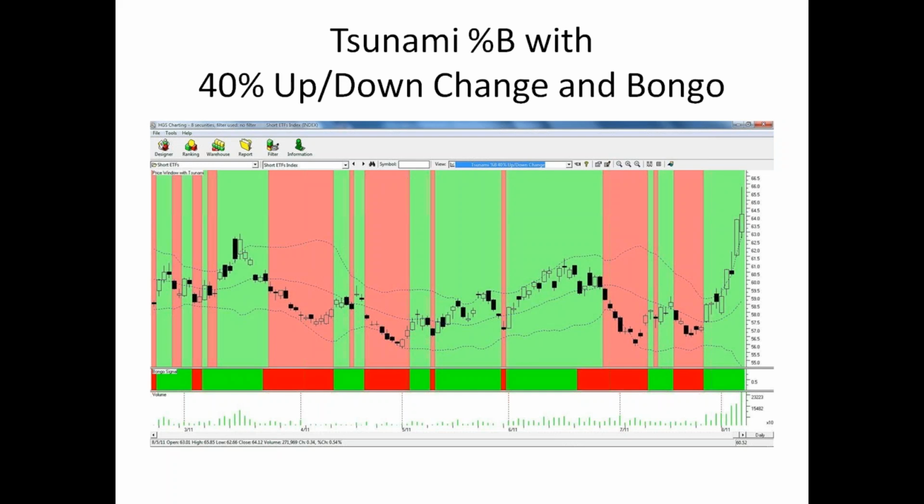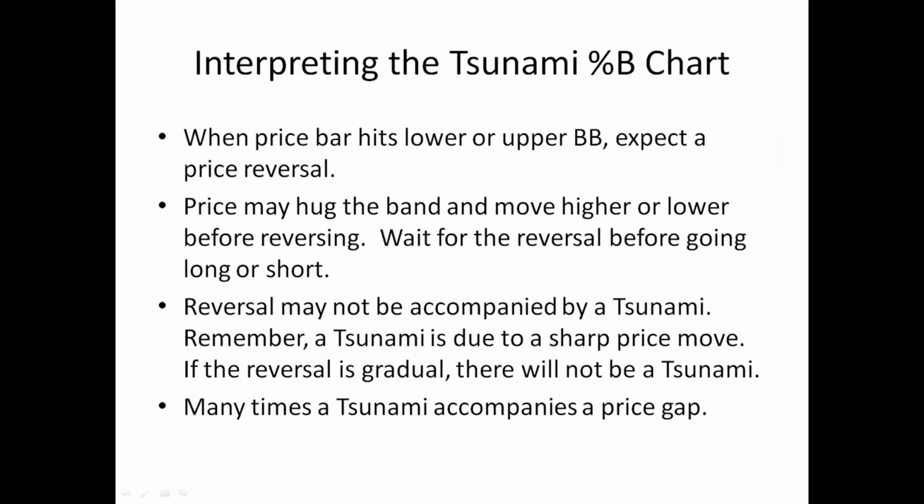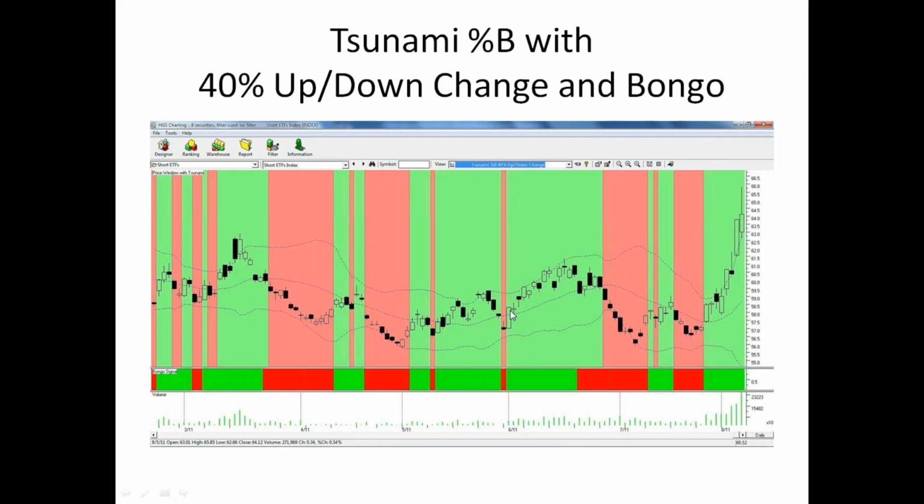The only time a tsunami will fire off is if there is a sharp move in the percent B, 40% or more, like right here. Right here, a sharp move, a sharp move. If there is a gradual price move, tsunami will not fire off.